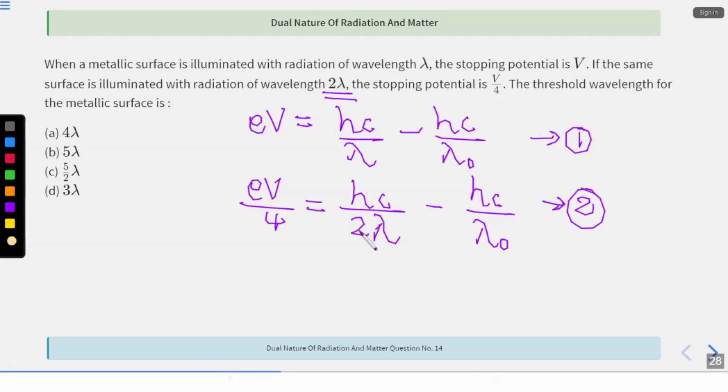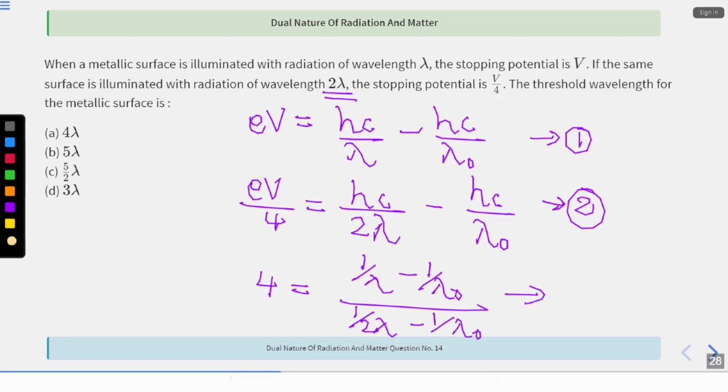Dividing these equations, I can tell that 4 is equal to 1 by lambda minus 1 by lambda naught divided by 1 by 2 lambda minus 1 by lambda naught, right? So with this equation, I can tell that my lambda naught is equal to 3 lambda.